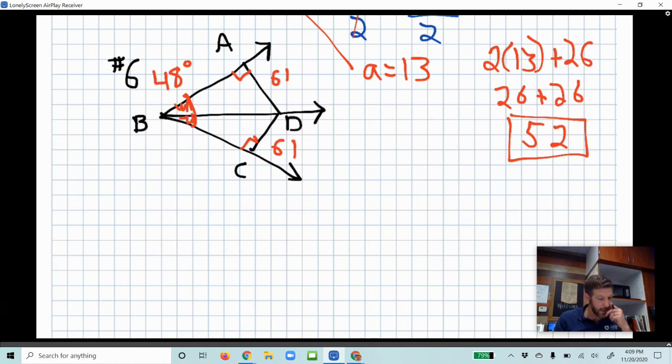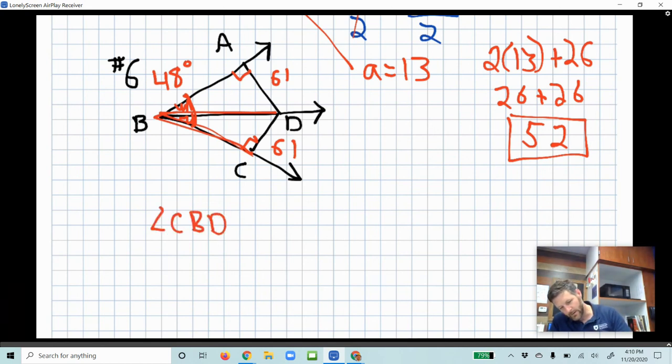And then it tells us that, number 6, the entire angle ABC is equal to 48 degrees. Find CBD, so the smaller angle here. Well, it's an angle bisector, so this bottom angle is half of the total angle. So angle CBD must be half of 48, 24 degrees.